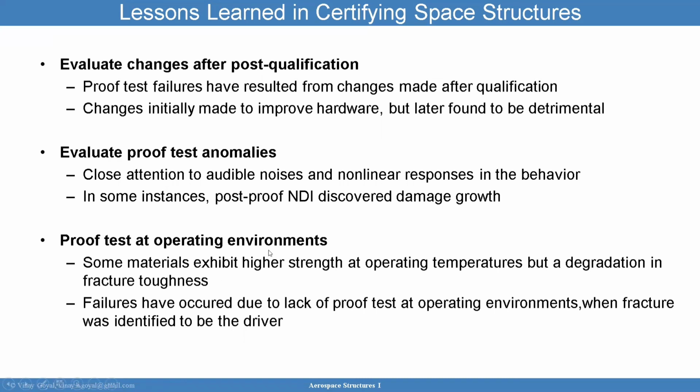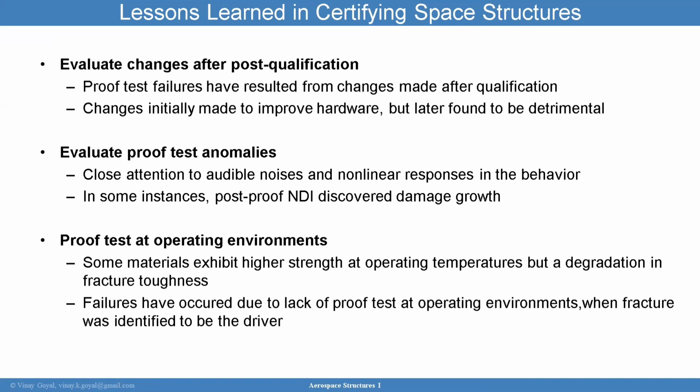Proof tests at operating environments, very important. Some materials exhibit higher strength at operating temperatures, but a degradation in fracture toughness. So when you're correcting the proof test to account for the difference between flight and the ground, because when you do a test on the ground, you may not test at the correct operating environments, it's important to understand the driving failure mode.